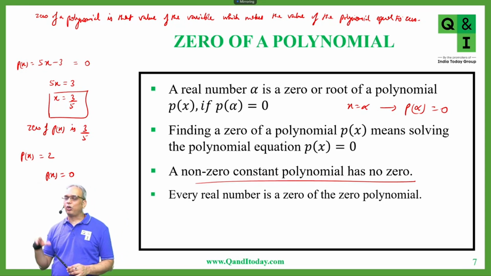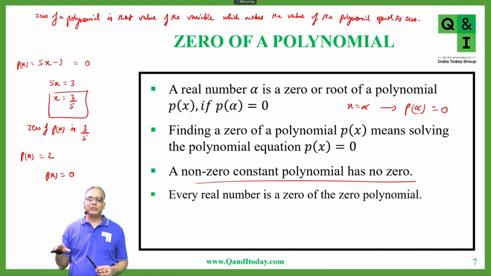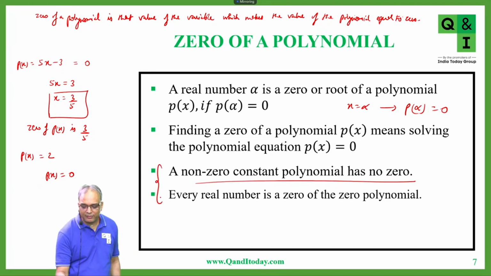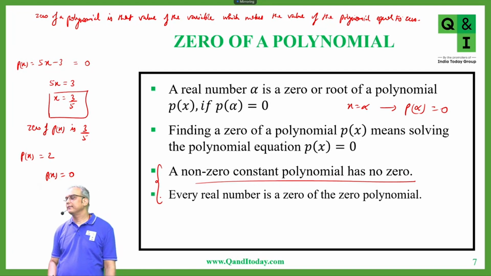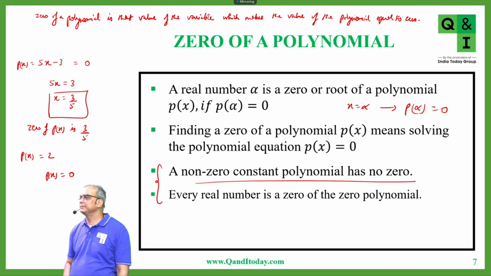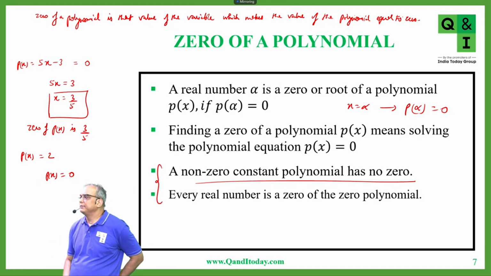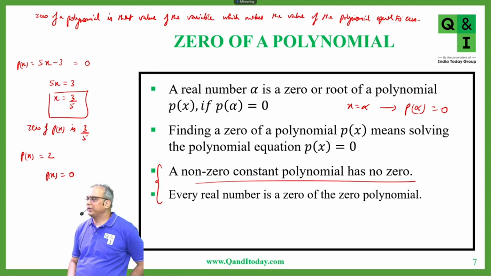So for a non-zero constant polynomial, there will be no 0. And for a zero polynomial, all real numbers will be the zero of this polynomial. Are these 2 points clear to everyone? Okay.